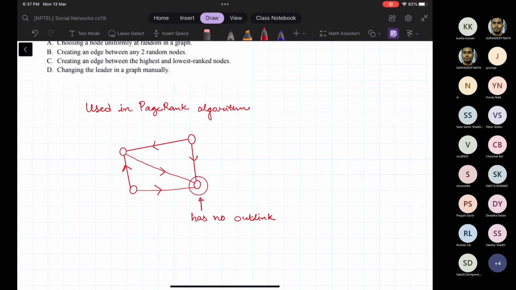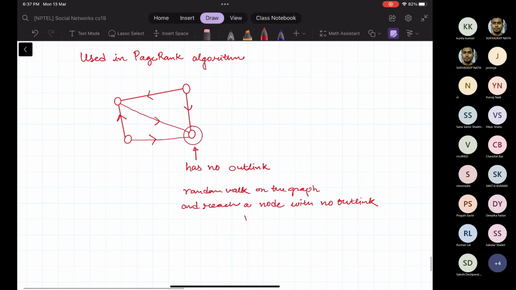So when you are doing a random walk on the graph and reach a node with no outlink, from that point onwards you can't reach any other node in the graph.